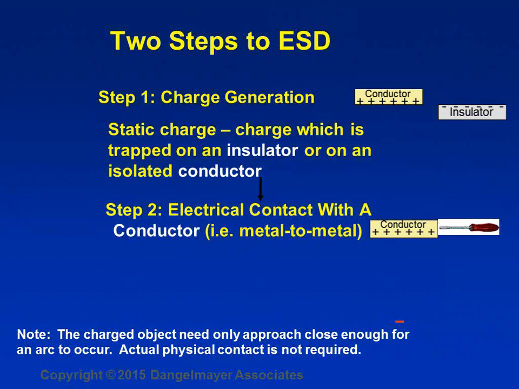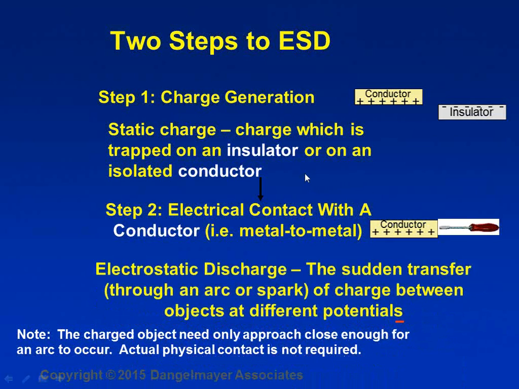In fact, the entire transient is 1 nanosecond with rise times in tens of picoseconds. To summarize, ESD is the sudden transfer of charge between objects at different potentials, or through an arc or spark just prior to physical contact with your product.